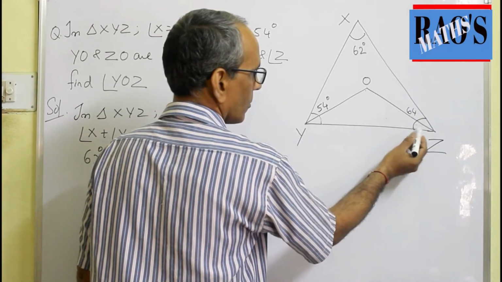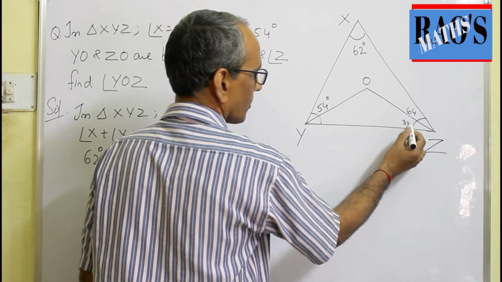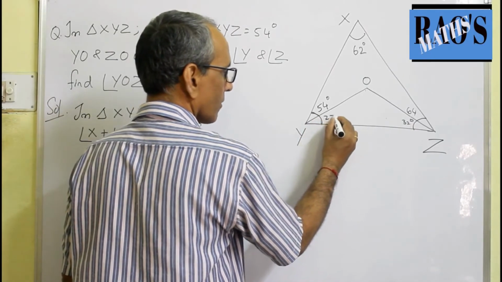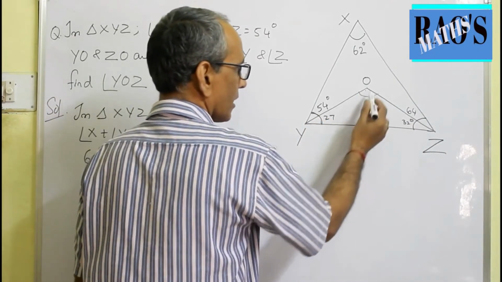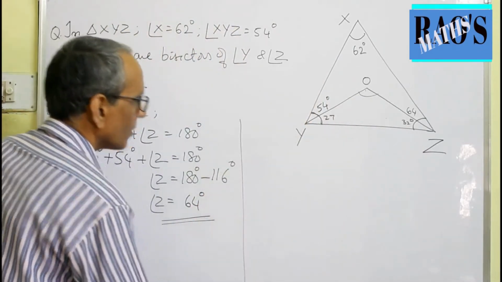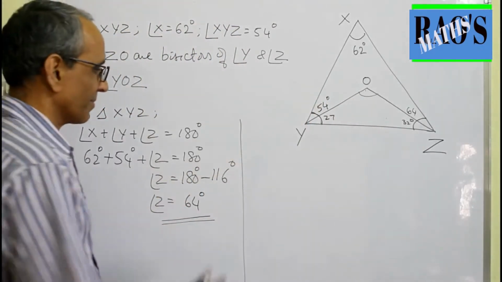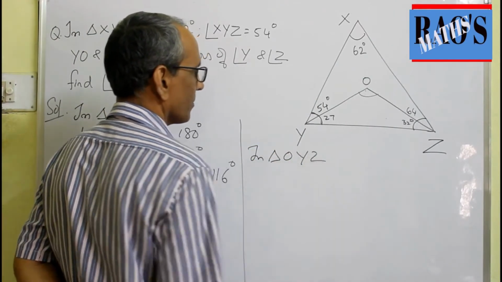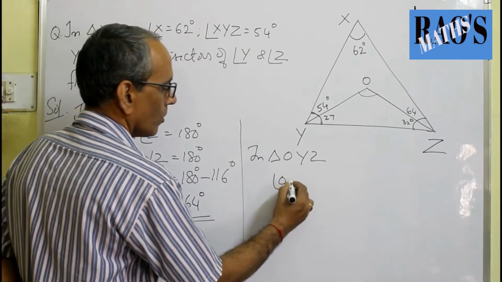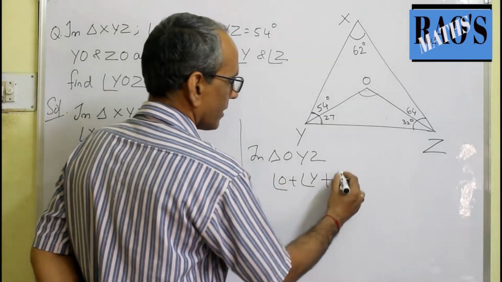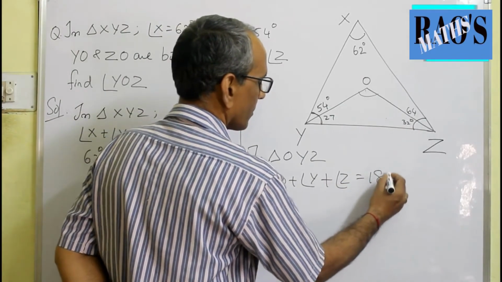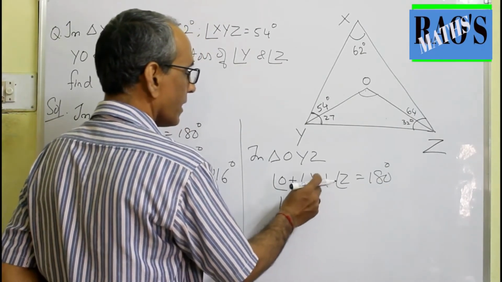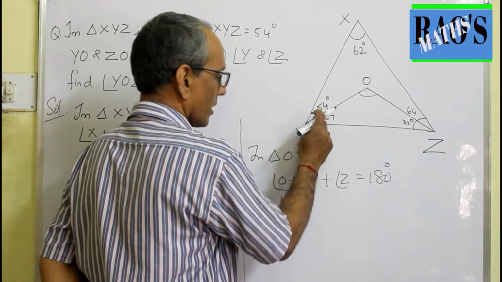So, what is this part now? Since it is the bisector, this is 32. Since this is the bisector, the whole 54 is also bisected, that is 27. Now I consider this triangle OYZ. I reach O easily. In triangle OYZ, angle O plus angle Y plus angle Z is equal to 180. Angle O to be solved, angle Y in this triangle OYZ is only this part, 27.